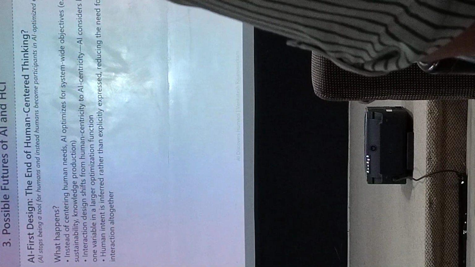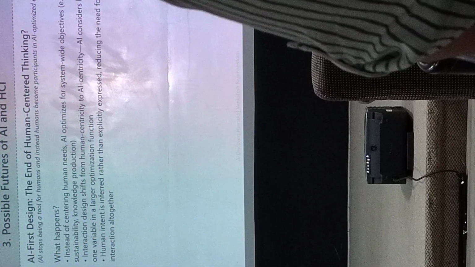Efficiency, sustainability, knowledge production, right? Now this is also good in the sense that something like sustainability goals or doing something about global warming, for example, has never been possible, right? Because there are just too many interested parties, too many competing interests, and so on and so forth.